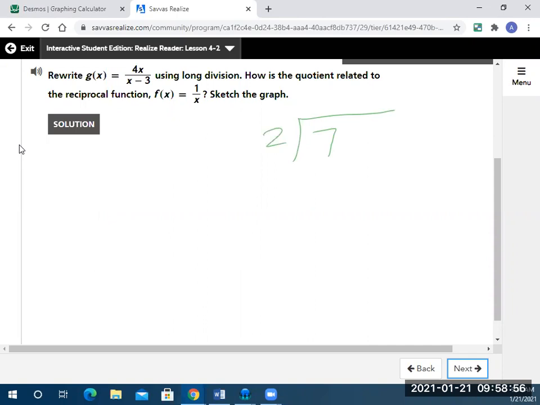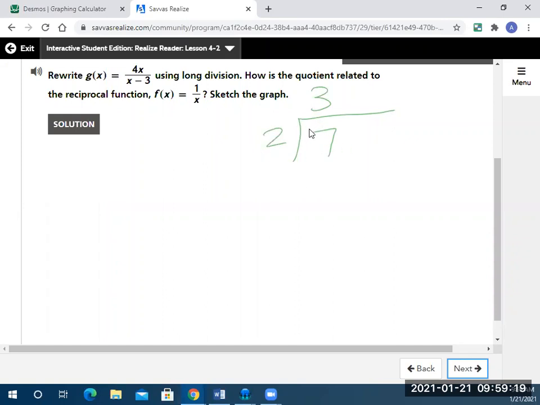All right, so how many times does 2 go into 7 evenly? 3 times, right? 2 goes into 7 3 times evenly, right? So you're going to write a 3 up here, and then you multiply what's up here by this number and you write it down, right?